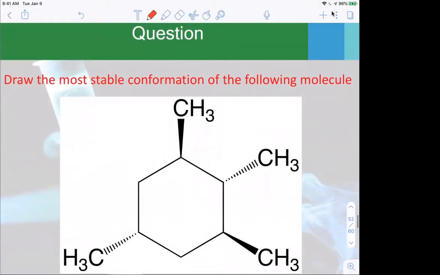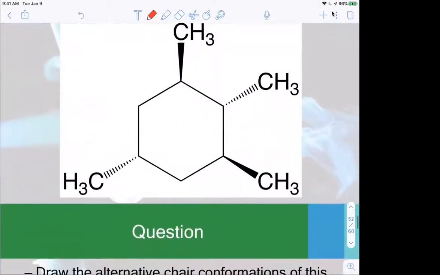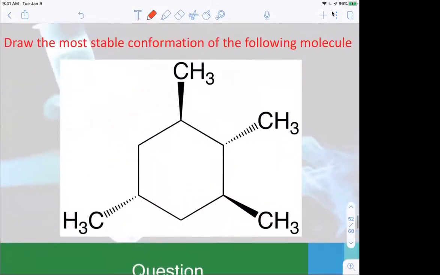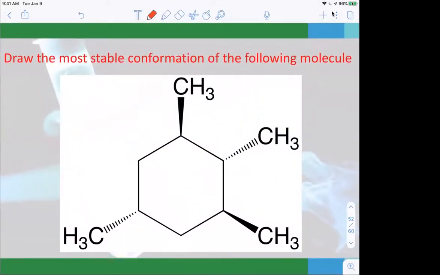All right. So draw the most stable conformation of the following molecule. If I want to do that, what I'm going to do is notice the relative stereochemistry here. So let's call this 1, 2, 3, 4, 5. And this is bold up. This is hashed down.